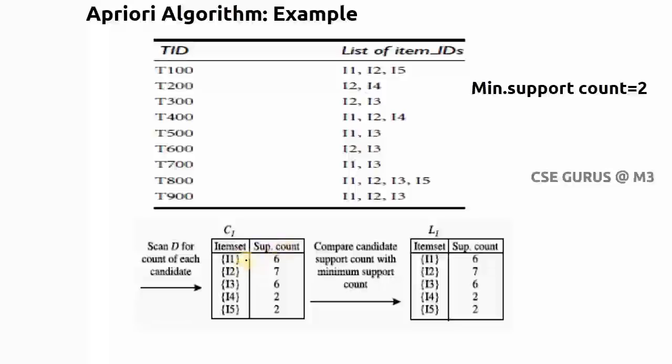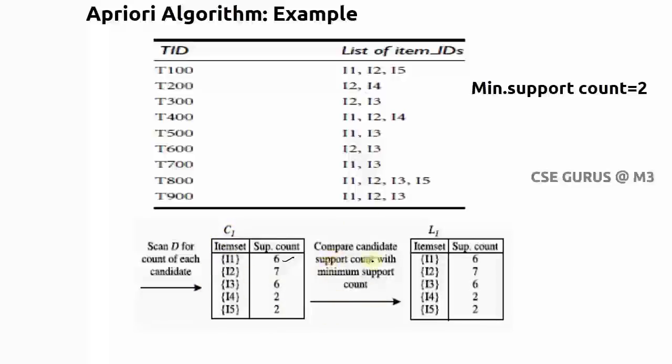That count we call the support count. For I1, how many transactions contain I1? The total count is 1, 2, 3, 4, 5, 6. I1 count is 6. What about I2? I2 is 7, I3 is 6, I4 is 2, I5 again 2. You write these down, and we call this C1.